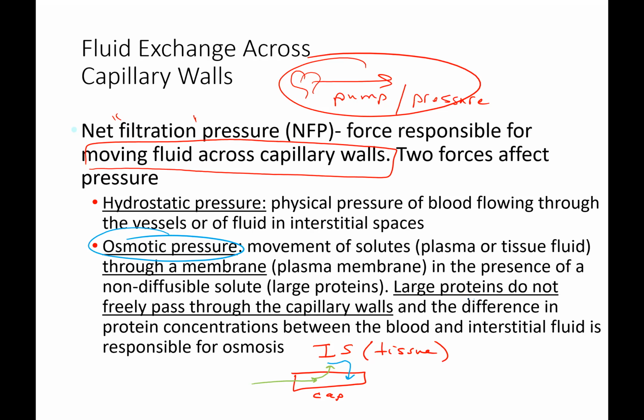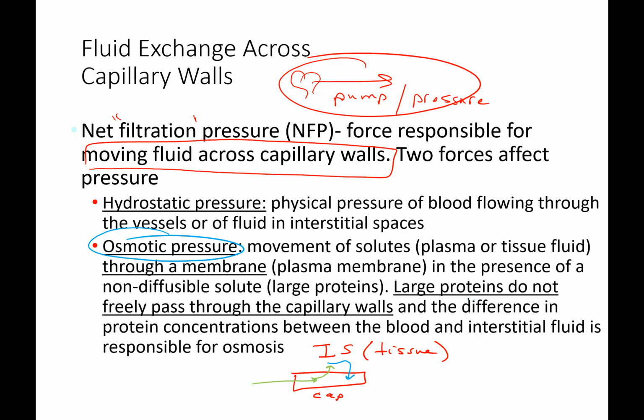Some people, for whatever reason, can just have not that many particles suspended in the plasma, which dramatically reduces their osmotic pressure, which is not a good thing. Or you can have way too many solutes in the blood, which dramatically increases the osmotic pressure.